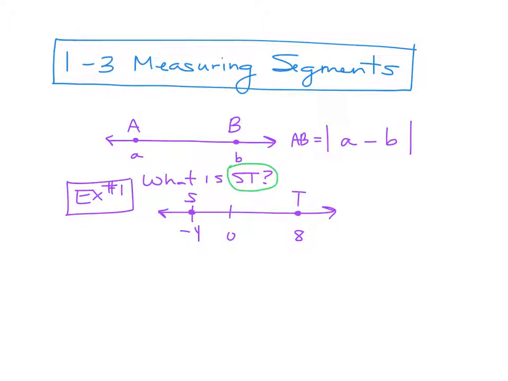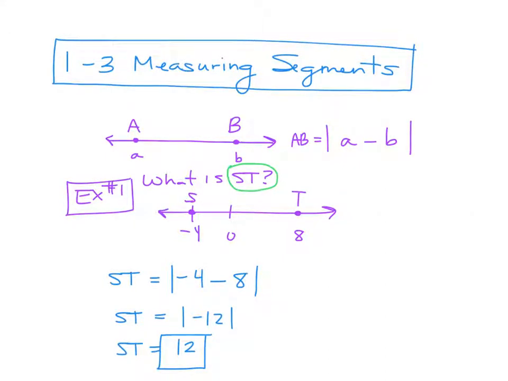So if I want the length of ST, I take my S value, -4, and my T value, 8, subtract them and take the absolute value. -4 minus 8 is -12, and the absolute value of -12 is 12. It's always going to be positive because it's just a distance, how far from 0 it is. So it is 12 units long.